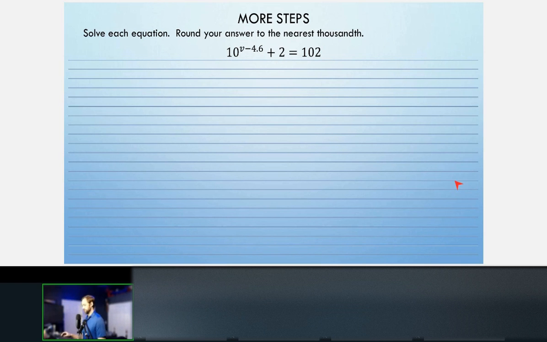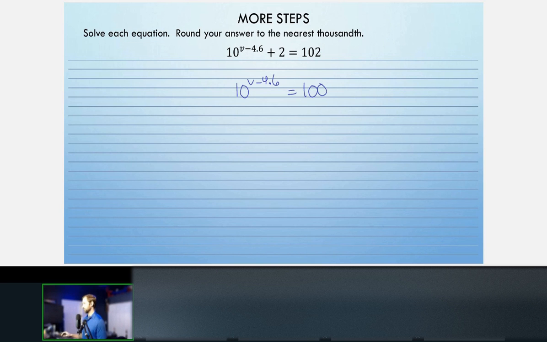What did everyone get for their answer? 6.6. Yeah, that sounds correct. So I'm going to guess everyone subtracted 2 from both sides, and we get 10 raised to the v minus 4.6 equals 100. All right.